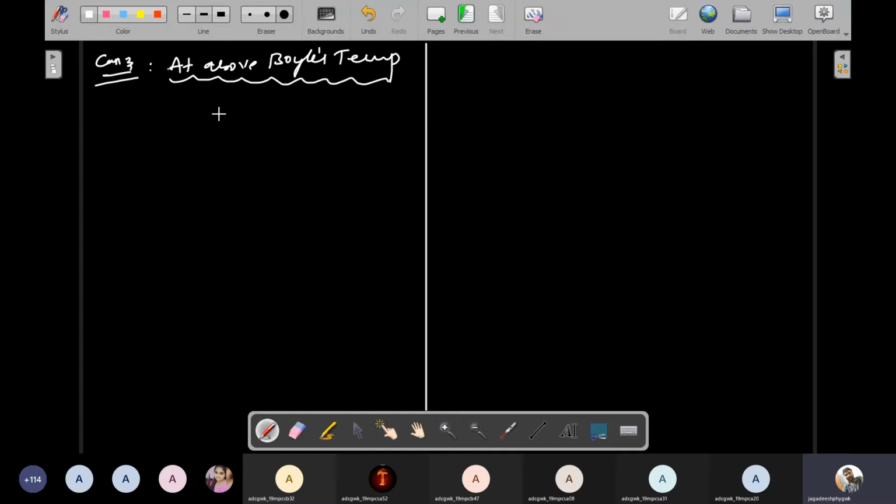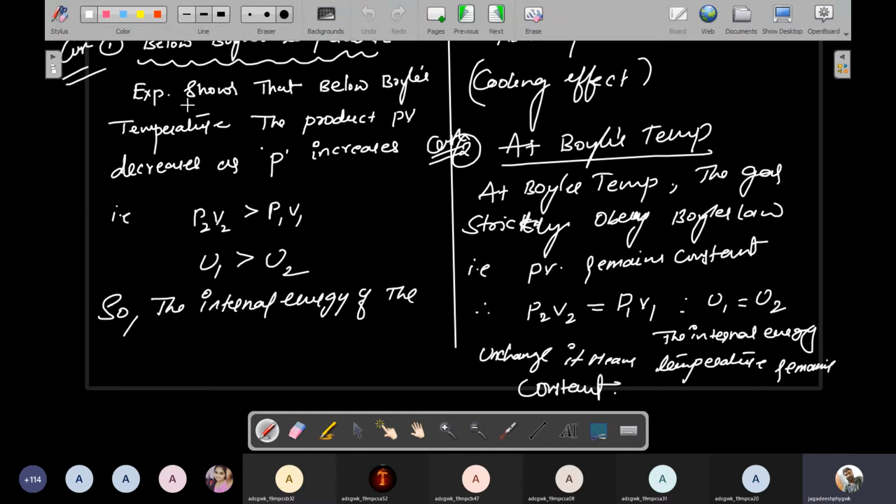The product PV increases as P increases. Below Boyle temperature, what we studied is that the product PV decreases as P increases. But in the case of above Boyle temperature, the product PV increases as P increases.